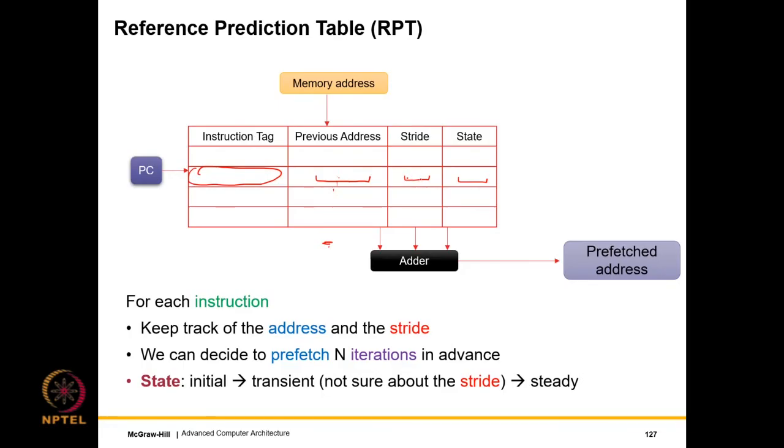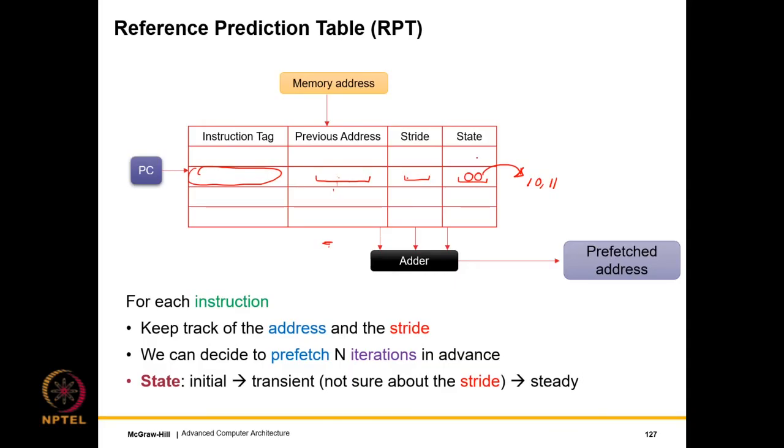So if it is not equal to the stride, well we set the stride to this value, but let's say over 2 or 3 cycles if you find the stride remaining the same, the state here can be a saturating counter, where 00 means that it is not a strided access. So gradually when it becomes either 10 or 11, we can infer that for a given address the access pattern does follow a stride, and this will be captured by the saturating counter over here.